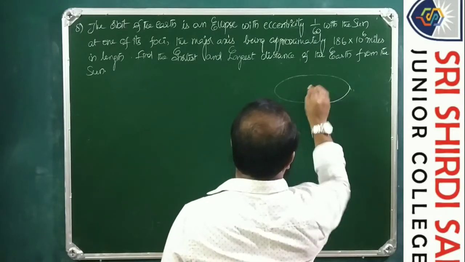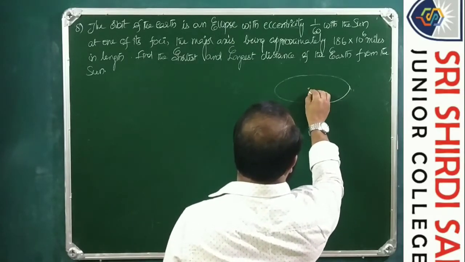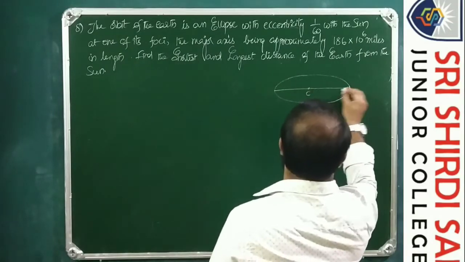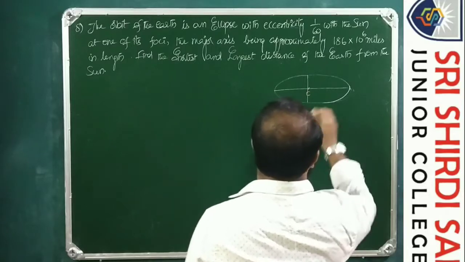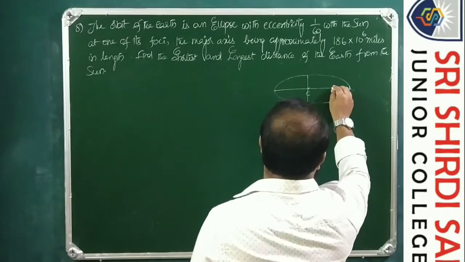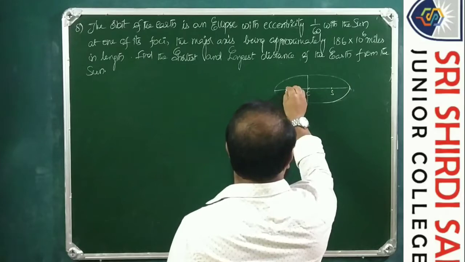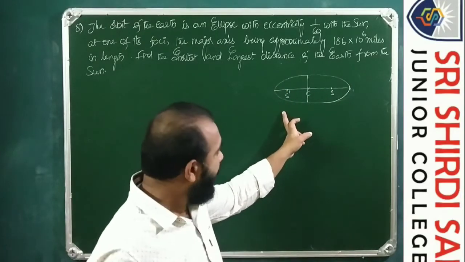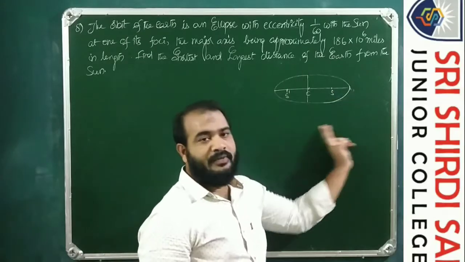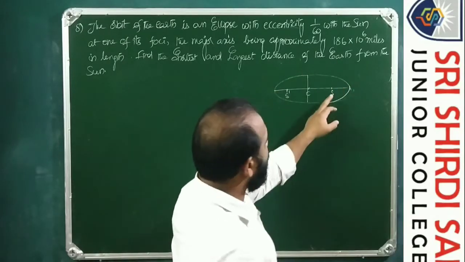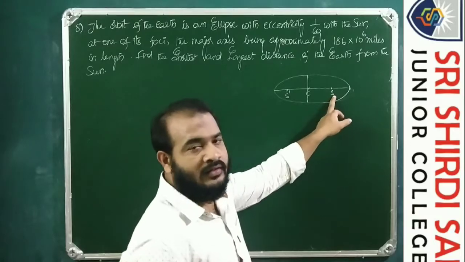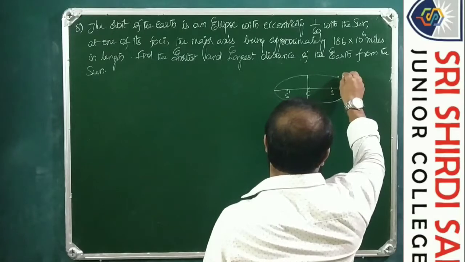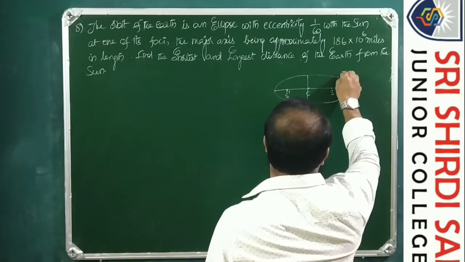Now, this being the center of the ellipse, let S and S dash be the foci of this elliptical orbit. S is the position of the sun. Let us suppose that this is the earth.